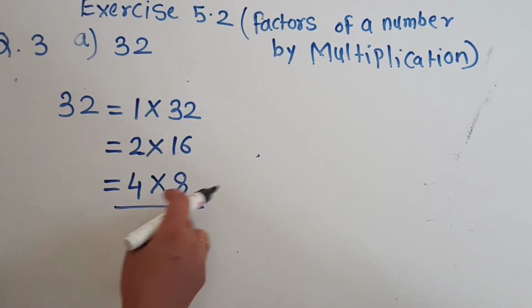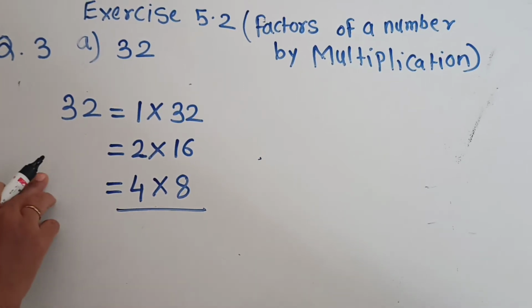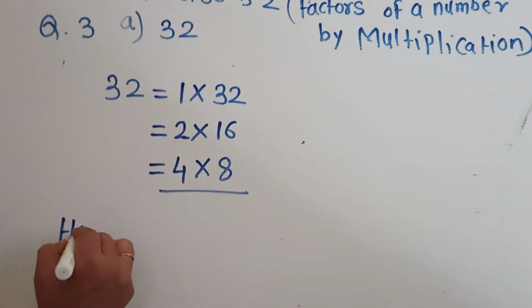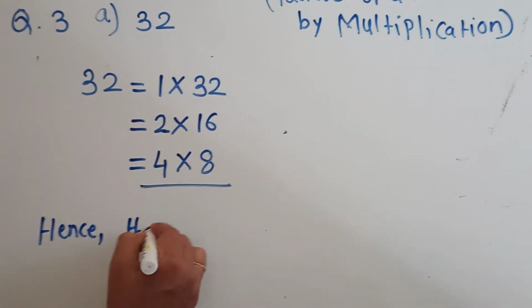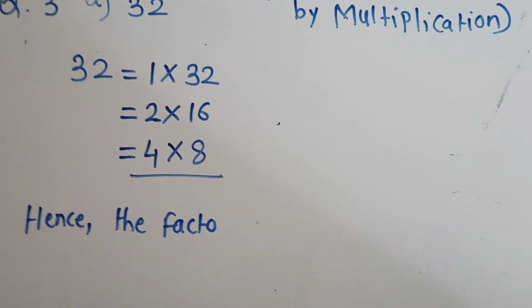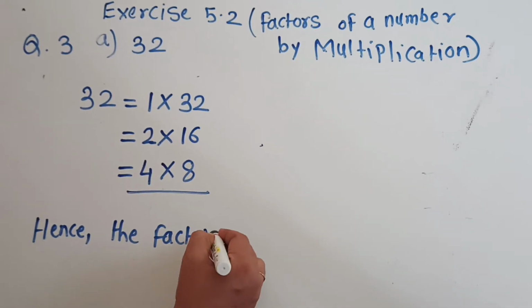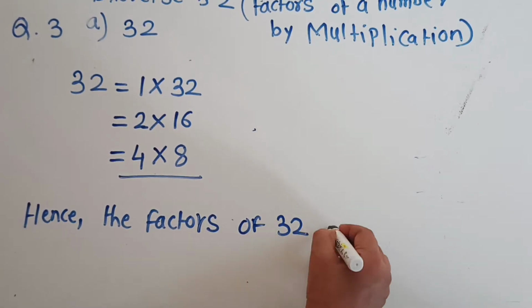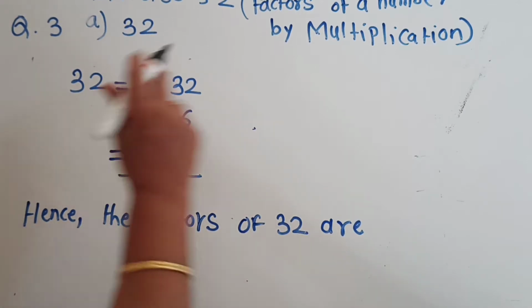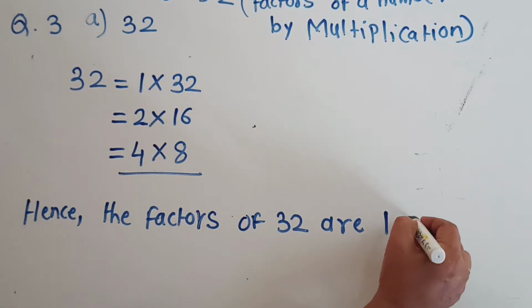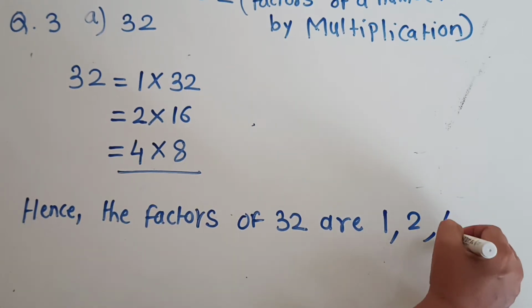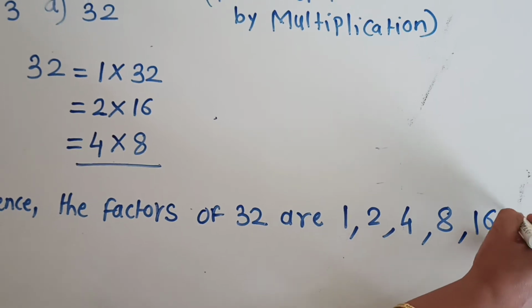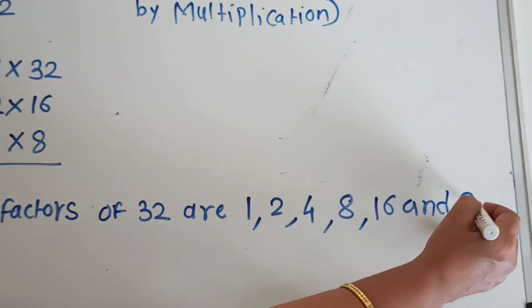So these are the factors of 32. So we have to write here, hence the factors of 32 are 1, 2, 4, 8, 16 and 32.